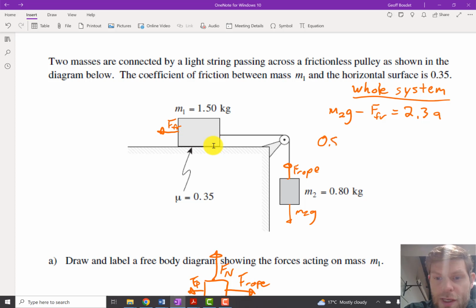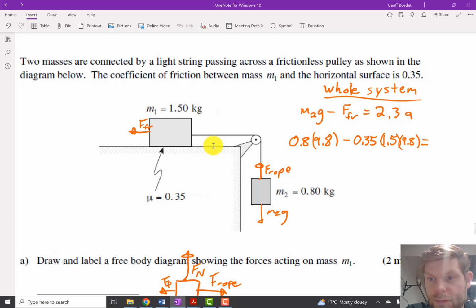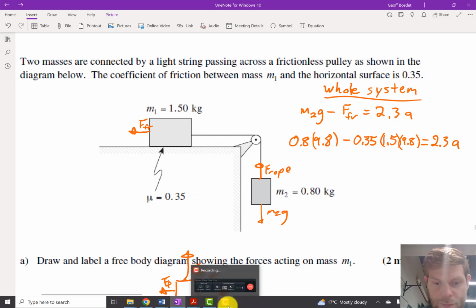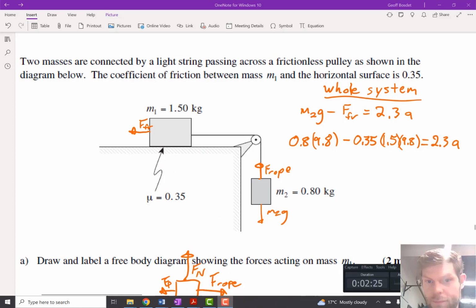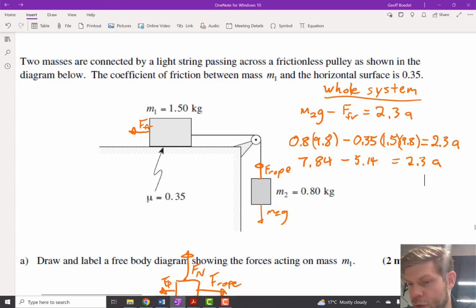So we've got 0.8 times 9.8, minus 0.35 times 1.5 times 9.8, equals our total mass times A. All right, so we figured out these numbers. 0.8 times 9.8 was 7.84. 0.35 times 1.5 times 9.8 was 5.14.